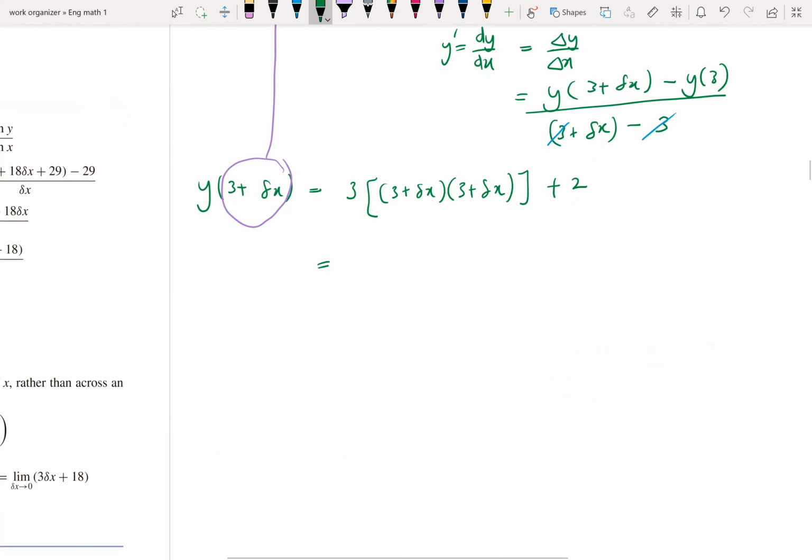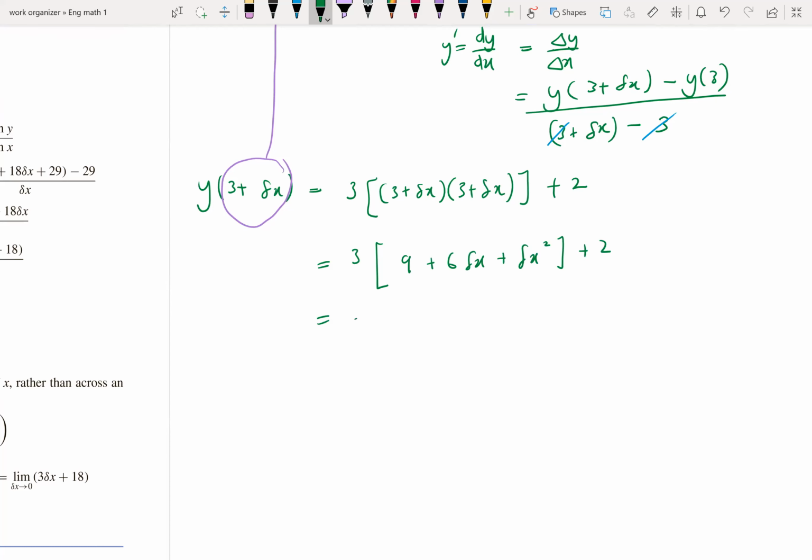So here we have 3, 9 plus 6 delta x plus delta x squared plus 2.